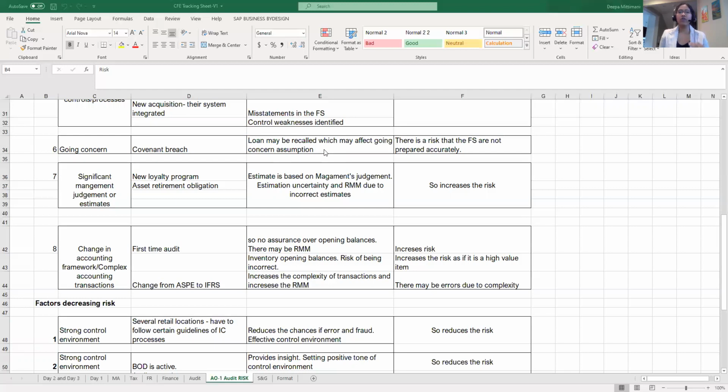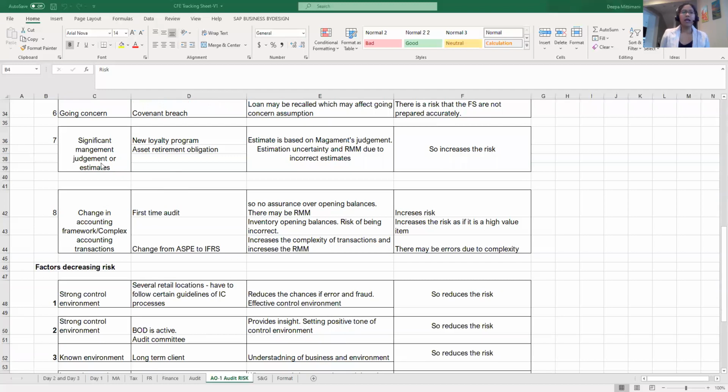So now you have to explain why we are saying that the covenant breach would be such a big risk. And then as you know, if it's not a going concern, then you have to prepare the financial statements differently, so there is a risk that the financial statements are not prepared with the going concern assumption. So that explains all three parts of the risk.